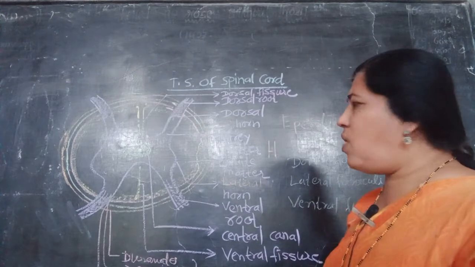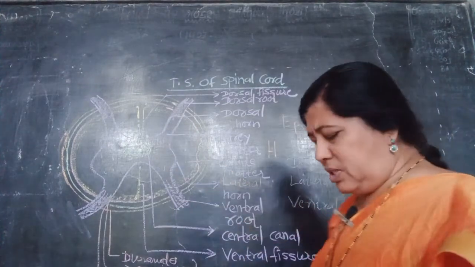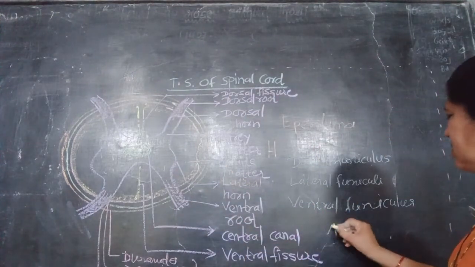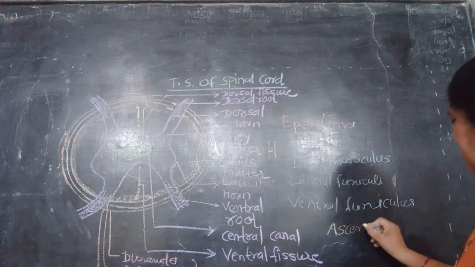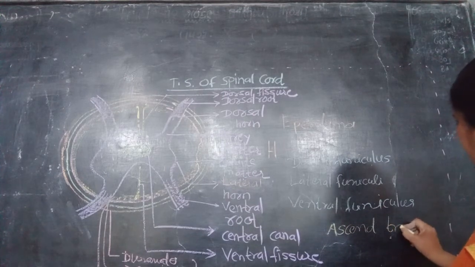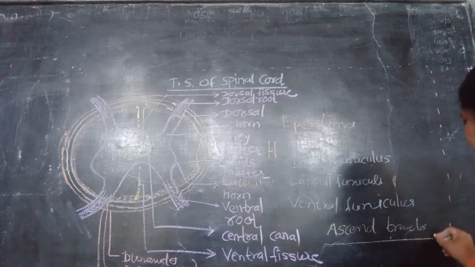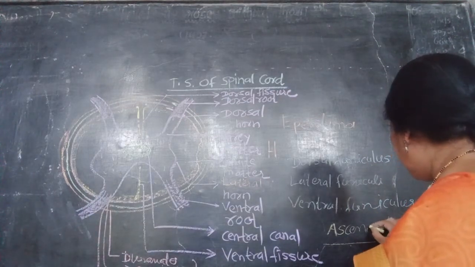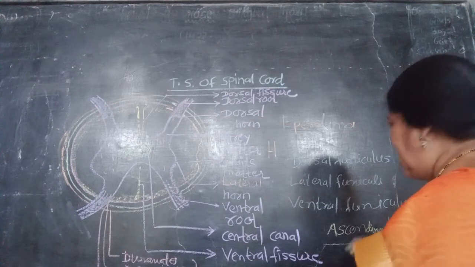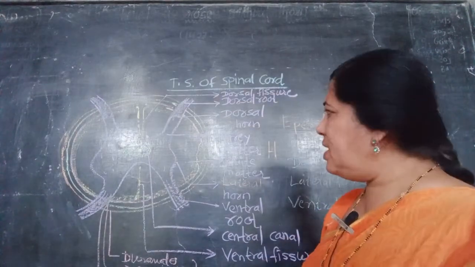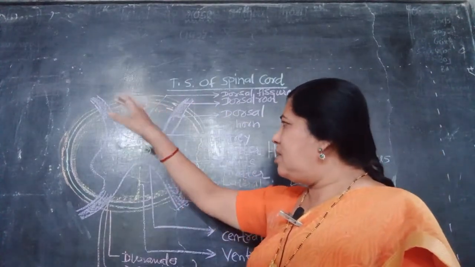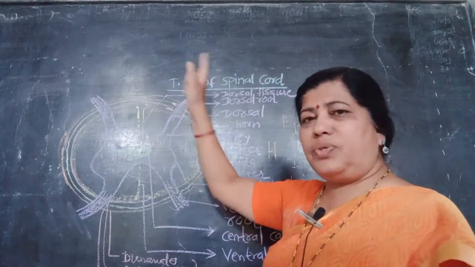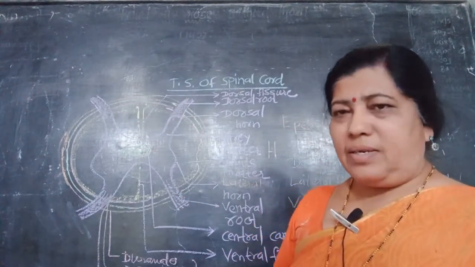These ascending tracts, or sensory neurons, conduct impulses from the dorsal funiculus to the brain.